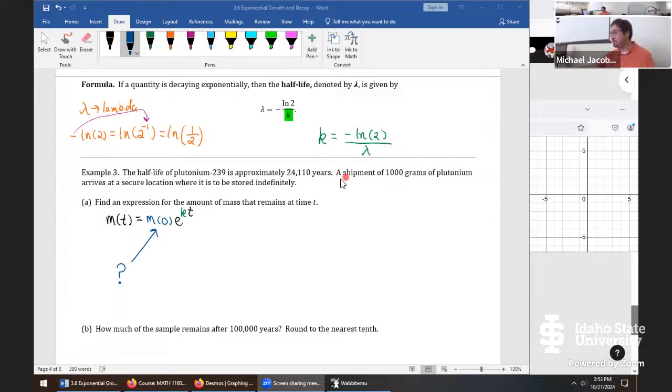Yes, absolutely. When it said a shipment of 1,000 grams arrives at a secure location, that's when time starts. So that's going to be the initial amount at time 0, the instant it arrived wherever that location is. So this 1,000 grams right here is the initial amount, m at 0.